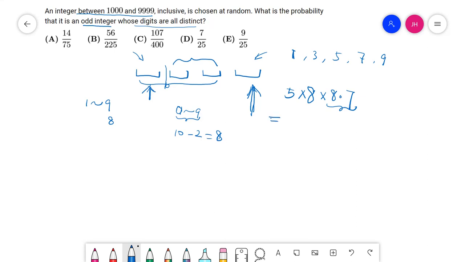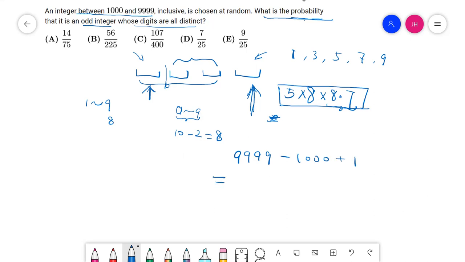Let's see. Okay. The question is actually the probability. Therefore, we will leave this product as it is. We will not compute it for the moment because it's a large number. When we calculate the probability, some numbers may cancel out from the denominator. Then we need to count the total number of 4-digit numbers between 1000 and 9999. And that's easy to compute, right? So that'll be 9999 minus 1000 plus 1.